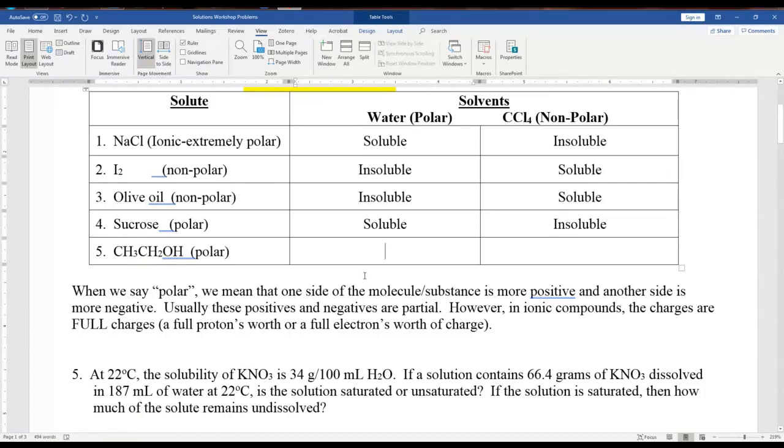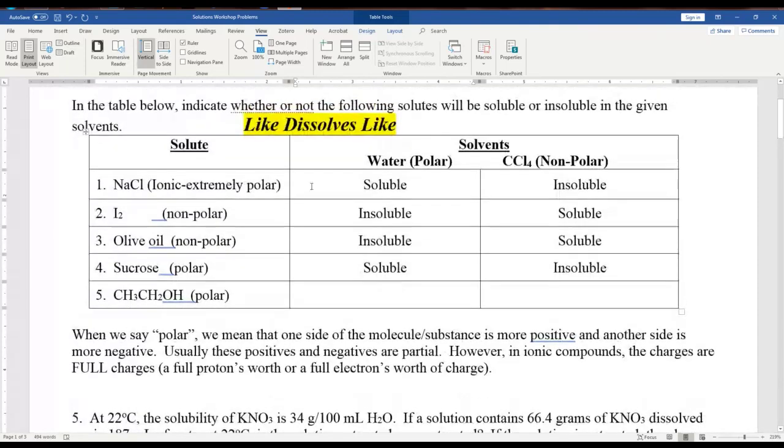So is it going to be soluble in water or insoluble? What do you think? My question is, how do you know soluble and how do you know insoluble? I want to believe that soluble is the one that just follows water, right? Well, the principle is like dissolves like. So if the solute is polar, then it'll only dissolve in a polar solvent.